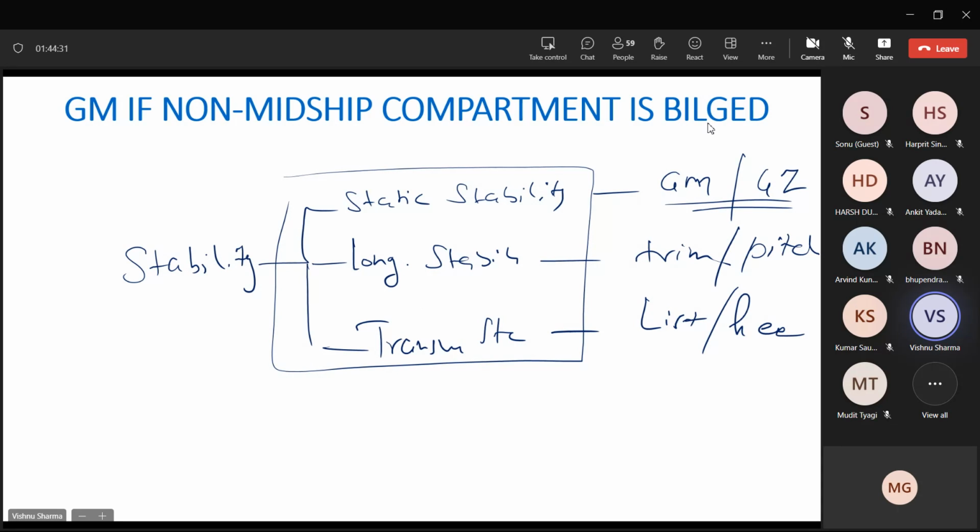Please don't do that. The question is very much right. It is because we are programming our minds wrongly that it leads to the problem. So I'm just warning you that the GM question can be required to be calculated even when the compartment bilged is not amidships, and that is what this topic is.